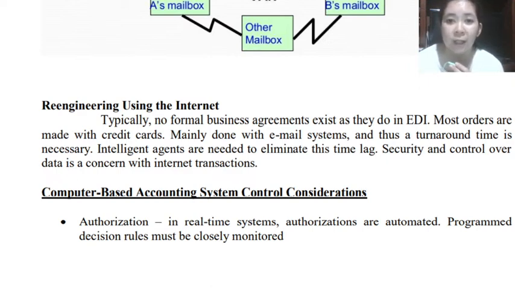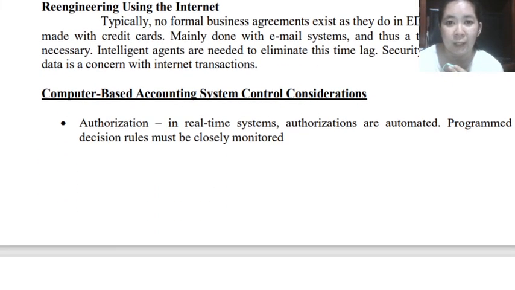And of course, security and control over data is a concern with internet transactions, because we all know that there are a lot of hackers out there that will take personal data, especially financial data of those persons who are engaged in transacting on the internet. So you have to be very careful as well.